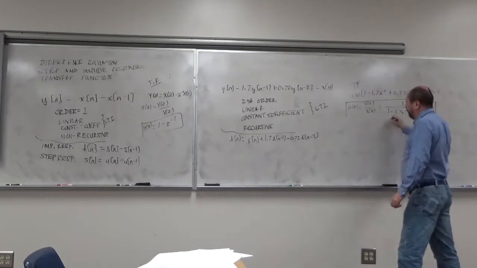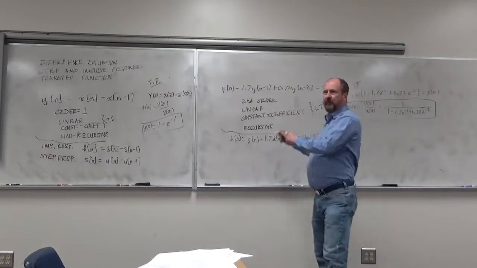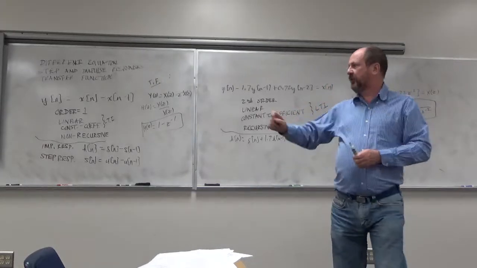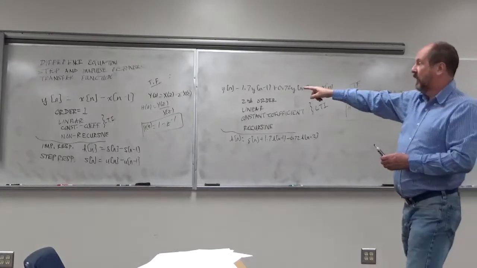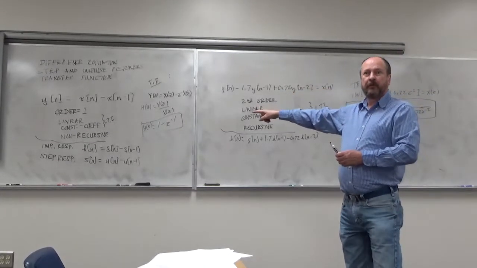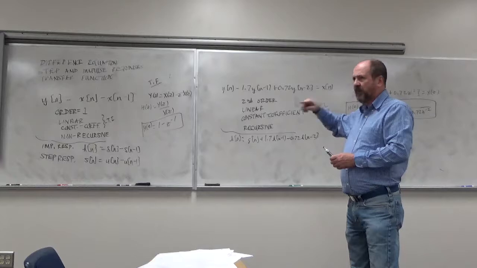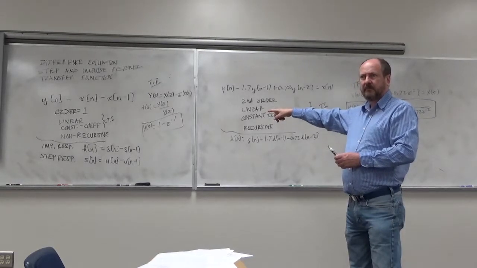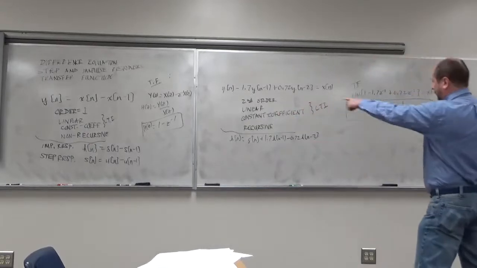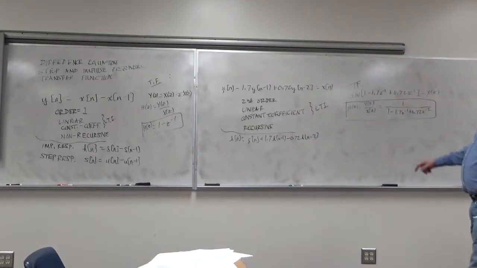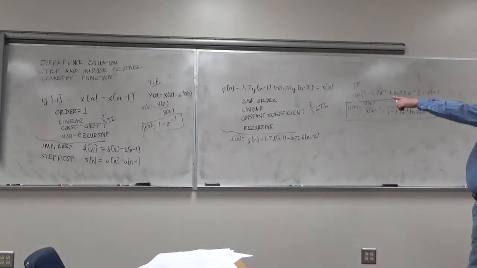What do you notice about these two transfer functions? And it is not a coincidence that that one is non-recursive and this one is recursive. When it is non-recursive, what does the transfer function look like as opposed to this? You do not have a denominator over there, right?